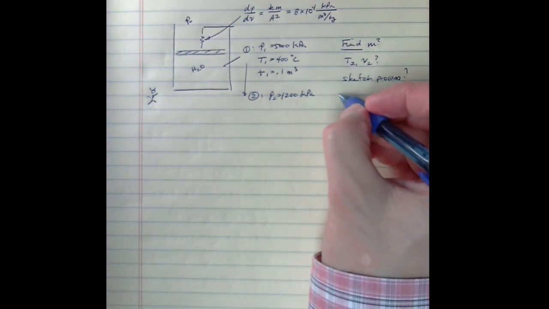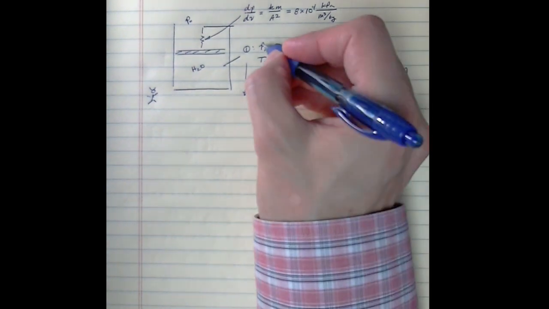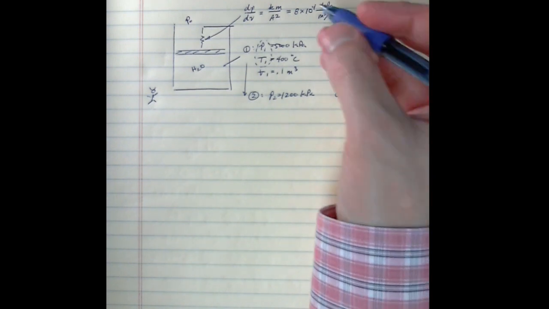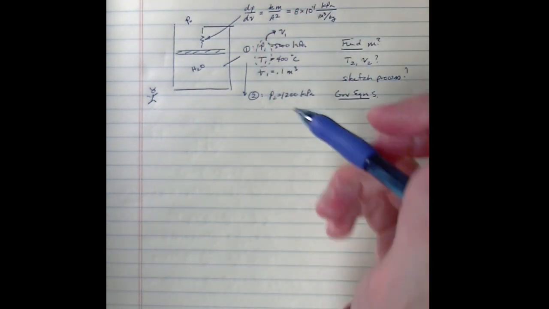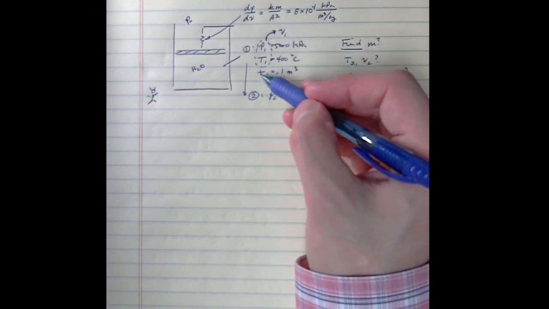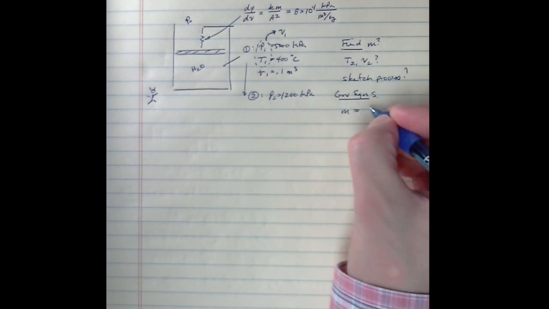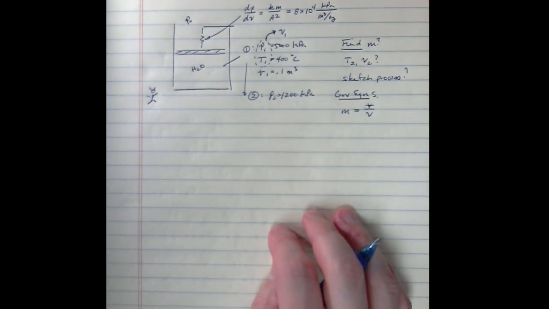So we need to come up also with some governing equations to help us out. Probably you've noticed that we have two independent intensive thermodynamic properties at state 1 from which we can get the specific volume at 1. Knowing the specific volume at 1 and the total volume at 1, we can get the mass, because mass is equal to the volume over the specific volume.